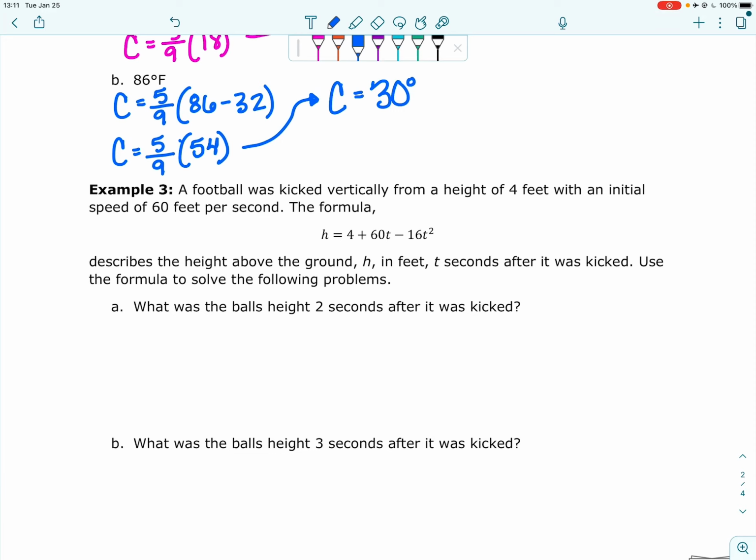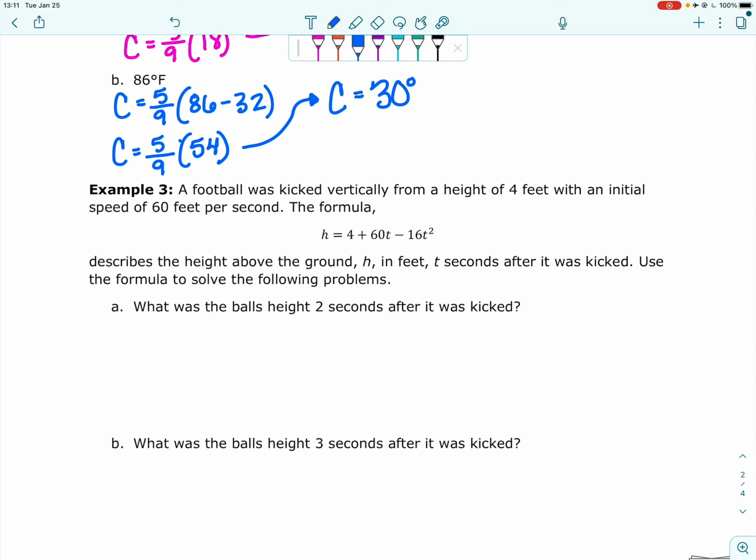The formula H equals 4 plus 60t minus 16t squared describes the height above the ground h in feet t seconds after it was kicked. So if you have a football, you're holding it 4 feet above the ground, you kick it, this formula will tell you how many feet from the ground it is after t seconds.